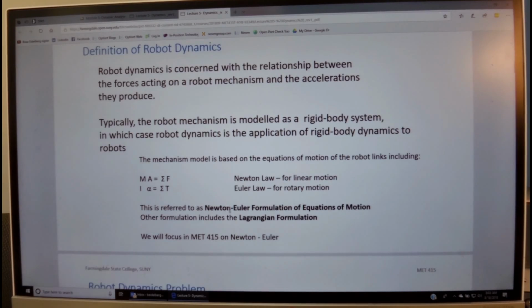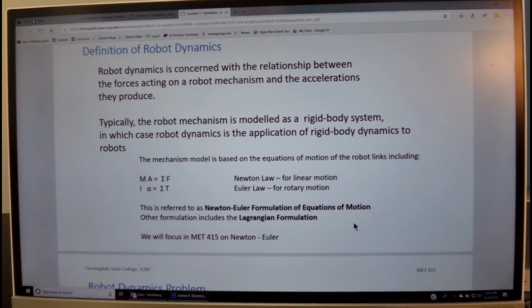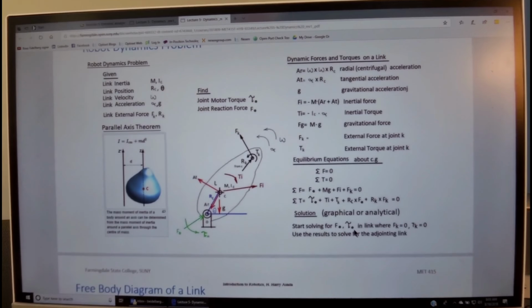This is the Newton-Euler formulation, which we will use in this semester. Other formulations include the Lagrangian formulation, which we will not refer to in this course.